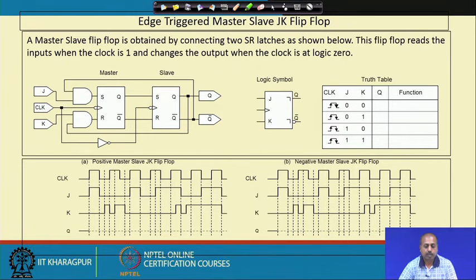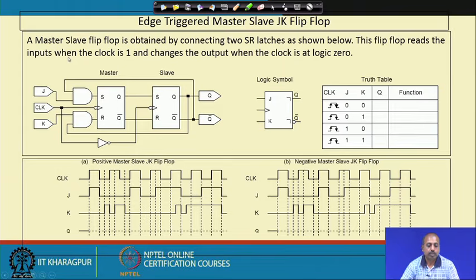So, we can have this master slave JK flip flop also the same thing, that is you have got these two flip flops, and one flip flop operates on one edge of the clock and the other on the other. So, this works on the negative edge of the clock and this works at the positive edge of the clock, that slave will operate at the positive edge of the clock, and accordingly the master will read the values coming on the J and K. So, they will be read by the master when the clock signal is 0, then the value will be coming here, and when the clock signal is 1, then the value will be outputted by slave.